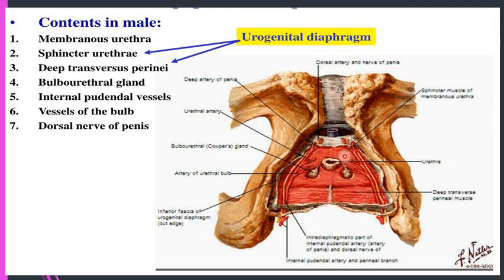And then is the sphincter urethrae muscle, which, as I have told you, is the old concept where the urogenital diaphragm was formed, and now it is obsolete, because it is now considered that the sphincter urethrae muscle is not making up a complete sheet. As you can see here, it is actually present in the wall of the urethra.